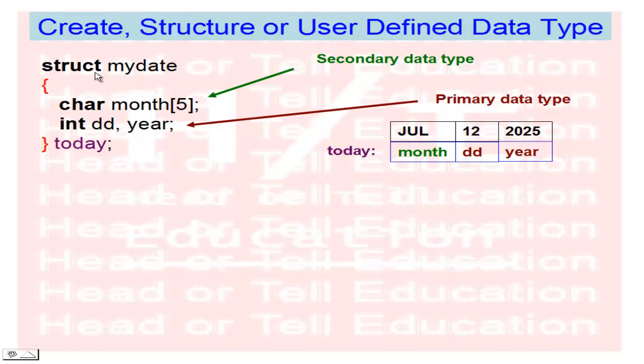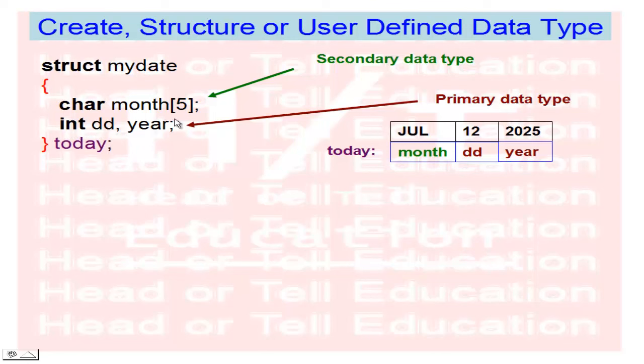Now first, create a structure or user defined data type. How can we create the structure? I already told you, a structure is a collection of primary and secondary data types or user defined data types. Here I have created struct myDate. I created one character secondary data type variable, month, with size 5. Other I have created primary data type integers, dd meaning date, and year.